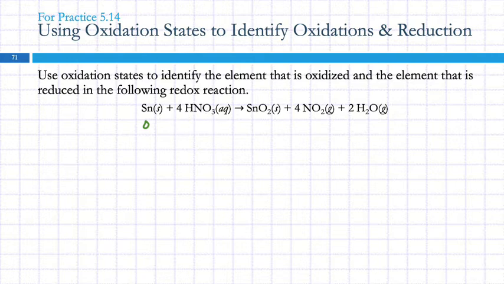No fluorine. Hydrogen gets to be what? +1. And then next is oxygen. Oxygen gets to be -2. There's 3 of those. Sometimes it helps to draw them all out. What's the nitrogen then?